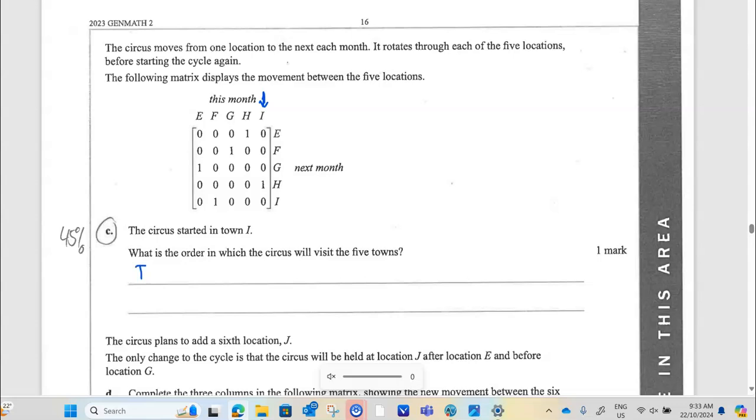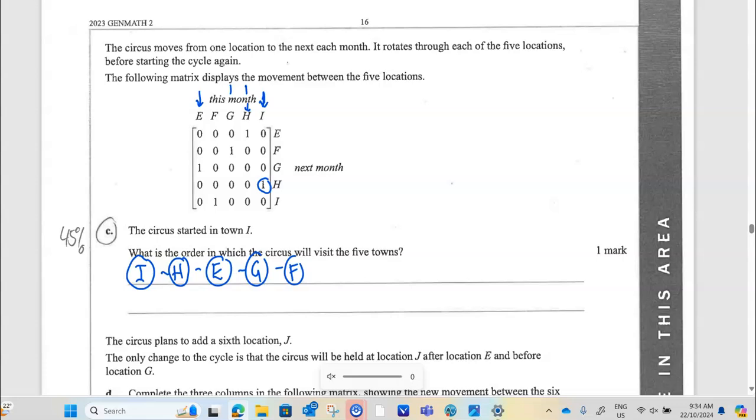So you go down I this month until you get to the 1, and because the 1 is on the H, you're on H. Then you go down H and the 1 is at E. So you put E. Then you go down E, and E is at G. Now you're at G, and you go down G. G is at F. That's the first 5: 1, 2, 3, 4, 5.